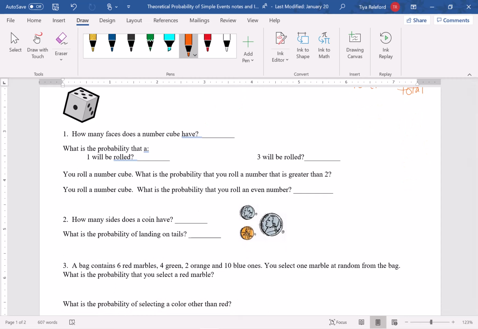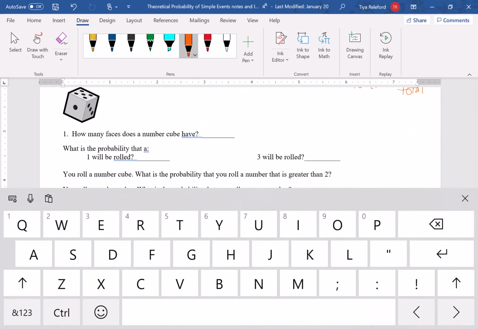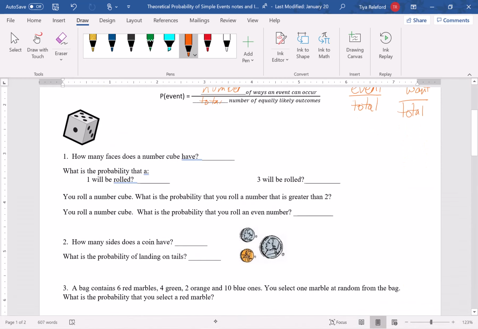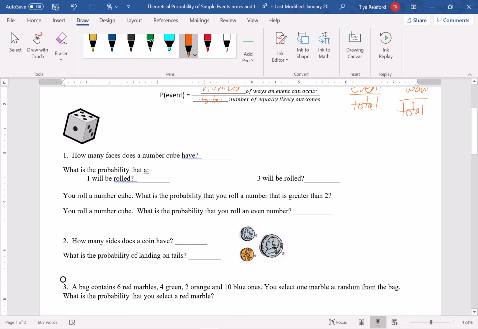So our question for number 1 says, how many faces does a number cube have? So think about it. What can you get if you roll a number cube? You could get number 1, 2, 3, 4, 5, 6. So there are 6 faces.